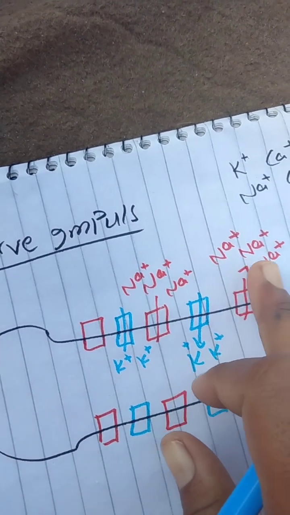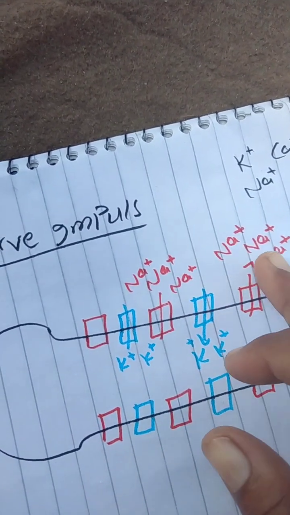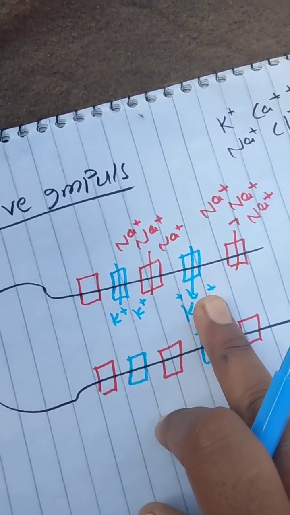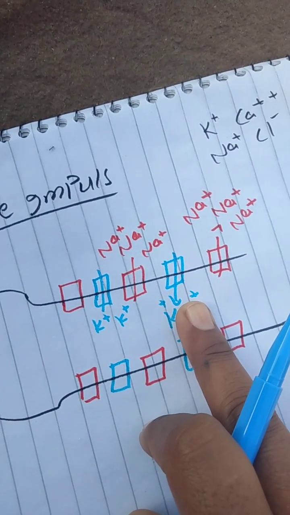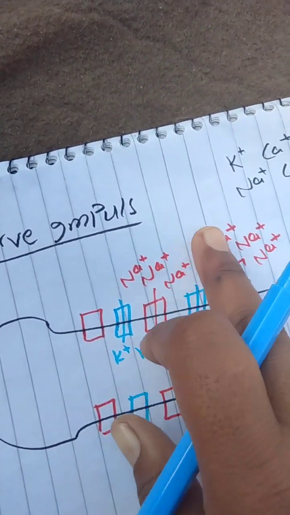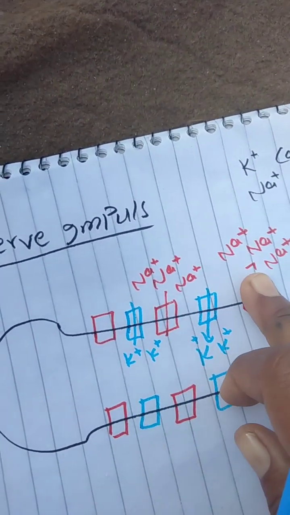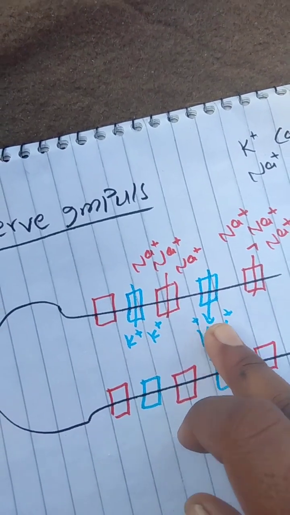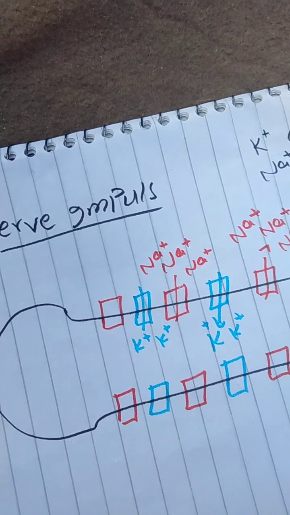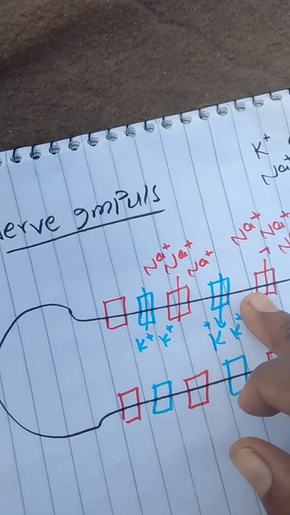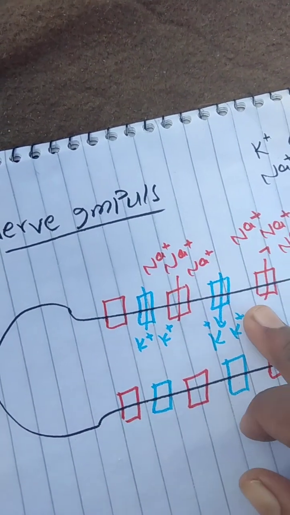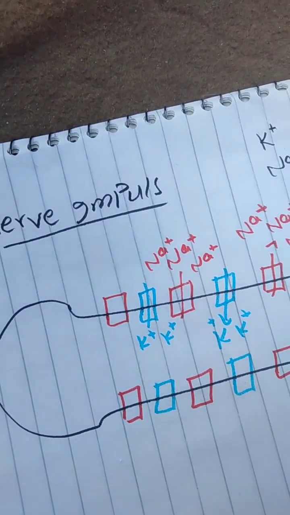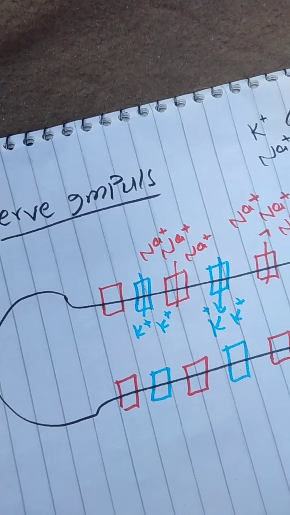So the concentration of positive charged ions outside the cell is higher as compared to inside the cell. Like this, 336 positive ions are outside the nerve cell and 4 positive ions are inside the nerve cell. Due to this concentration difference of the charged ions into and out of the nerve cells, nerve impulses generate.